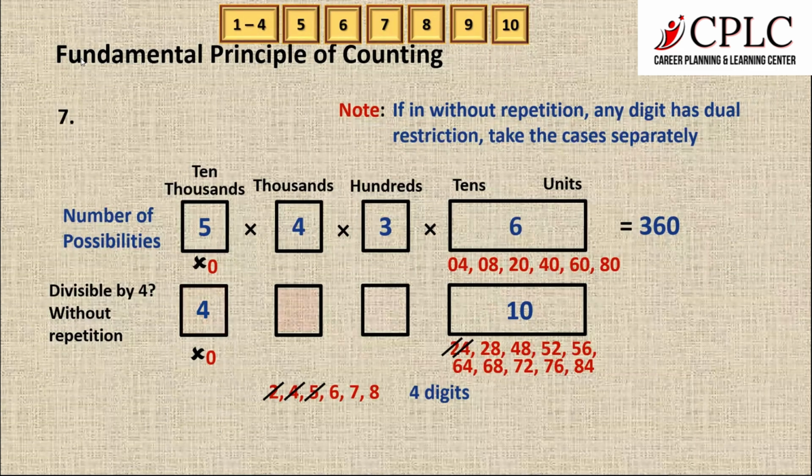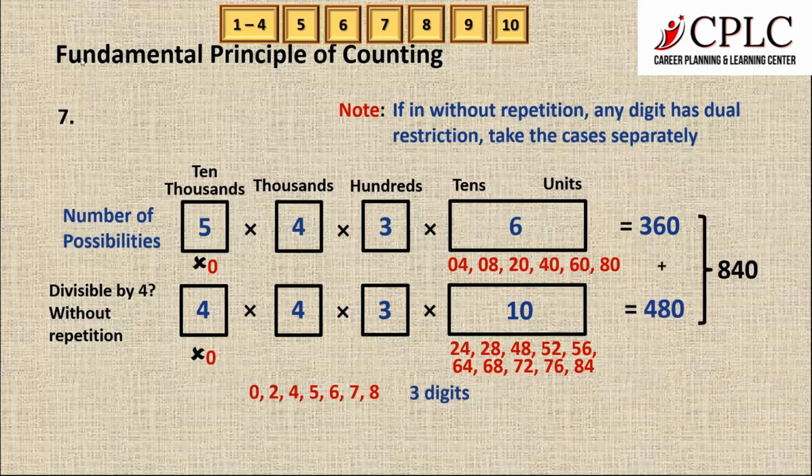Thousands place, we can consider zero. Hence, again, four possibilities would come. At hundreds place, three possibilities. Product is 480. 360 plus 480 is 840. Answer is option 4, that is 840.